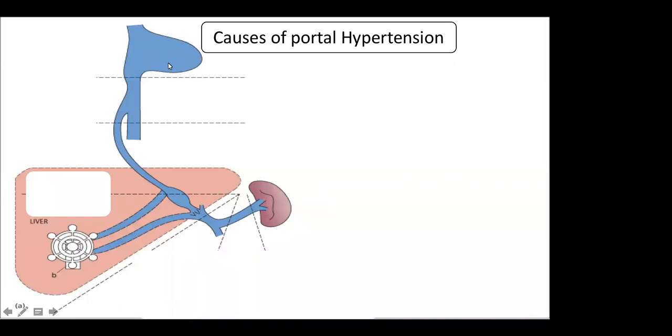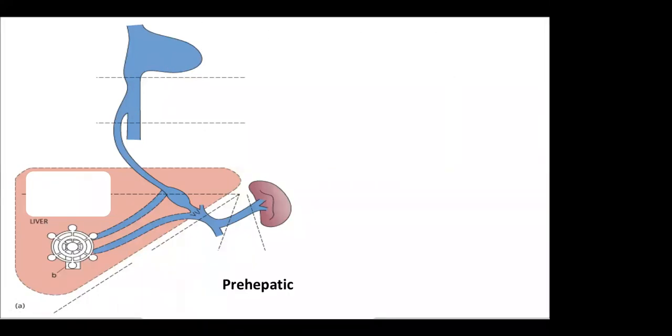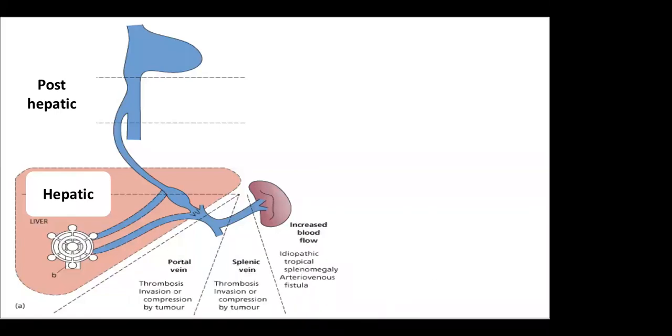The causes could be pre-hepatic, hepatic, and post-hepatic. If you start with the pre-hepatic causes, ranging from the splenic, for example, any cause that leads to increased blood flow, like idiopathic tropical splenomegaly or arteriovenous fistula, will result in increasing the flow, so it will result in increasing the portal pressure.